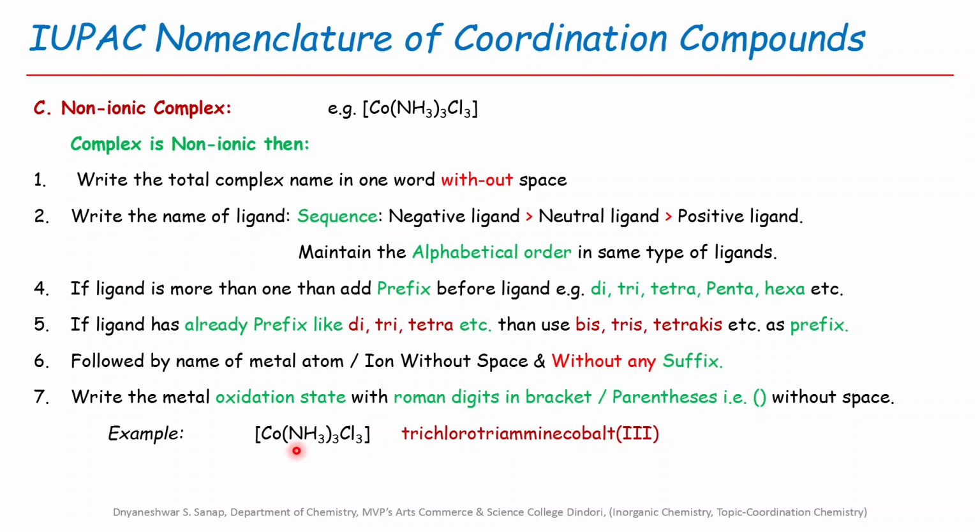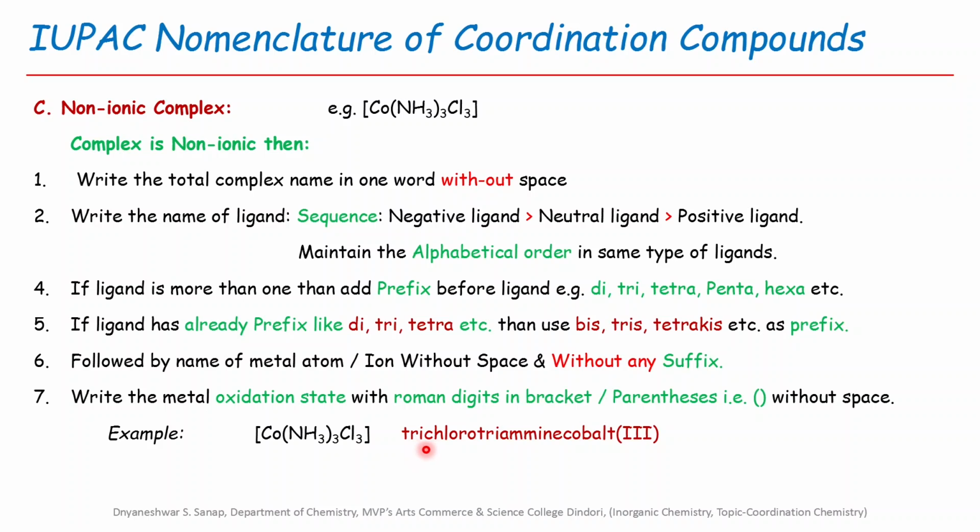Here this ammonia molecule is neutral in nature, that's why it makes no contribution in neutralizing the charge of cobalt. But there is the presence of chlorine ion, that is Cl-, which has -1 oxidation state, and there are a total of 3 chlorine atoms. That's why the total charge contributed by the chlorine is -3, and this -3 is equivalent to the +3, and that's why this complex is neutral in nature, and that's why the oxidation state of cobalt is +3.